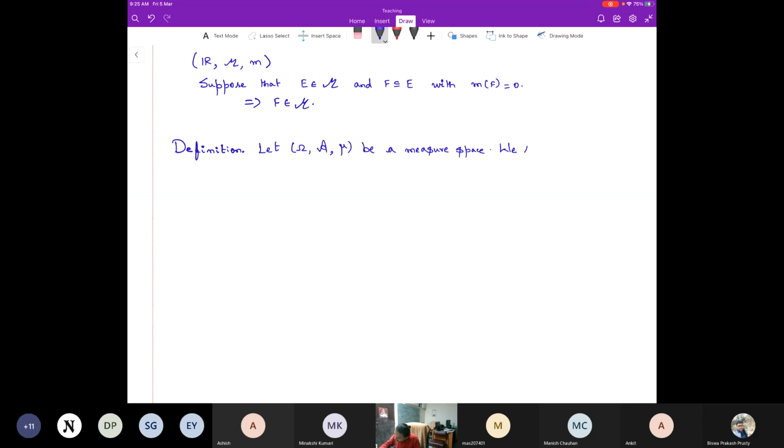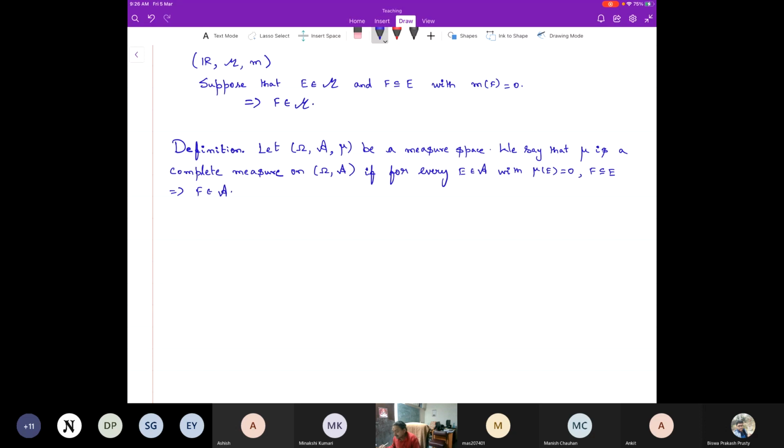We say that mu is a complete measure on omega, A if for every E in A with mu of E equal to 0, F contained in E implies this F should also belong to A. So if I have a set of 0 measure, then all its subsets should also be measurable.